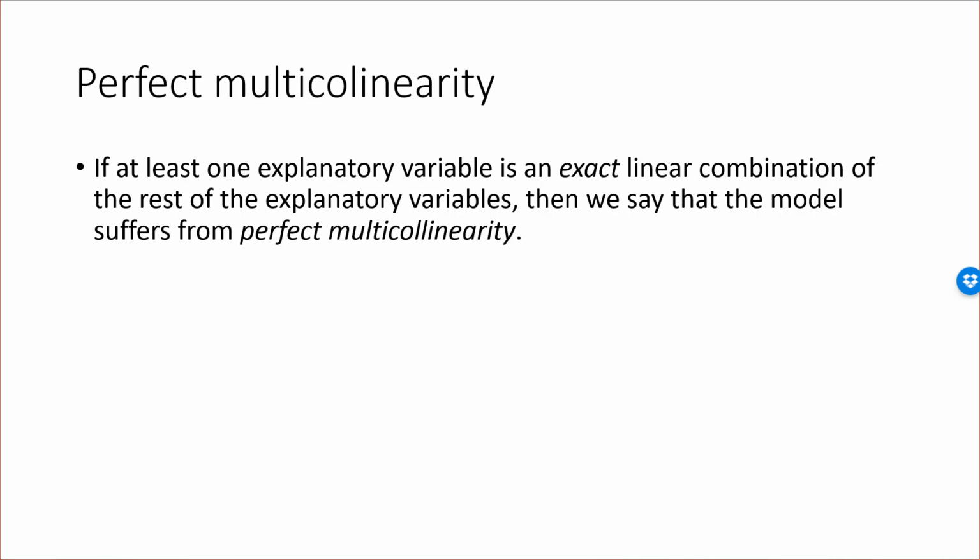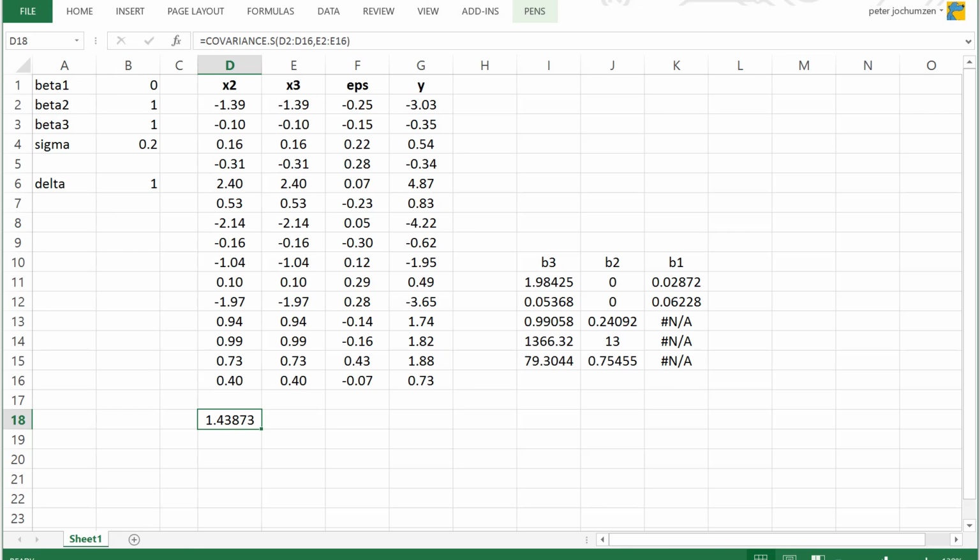In this case, we will have perfect multicollinearity when delta is 1. When delta is 1, then x3 is exactly equal to x2, so a perfect linear combination of x2.